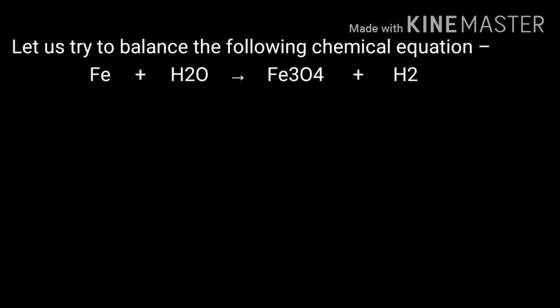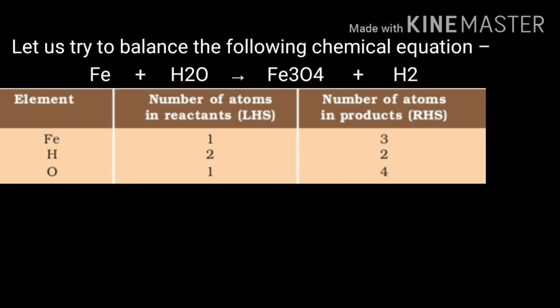Now apply the same table technique to this equation also. Make a table for elements, number of atoms on the reactant side and number of atoms on the product side. We can see 1 iron atom on the reactant side and 3 atoms on the product side. For hydrogen also, 2 on the reactant side, 2 on the product side.